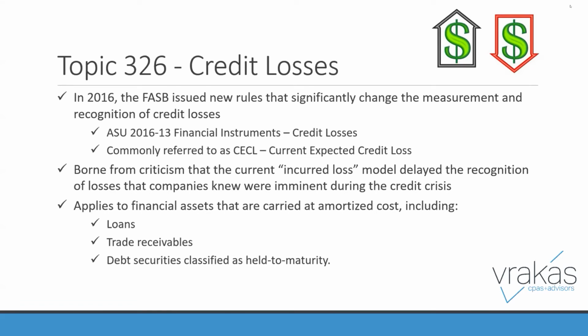It's gone back and forth many times, many different comment periods, and it has finally been issued. Again, it applies to financial assets that are carried at amortized cost. So yes, it does apply to loans and loan portfolios, and that's a big change for the banking industry, but it also does apply to trade receivables and investments that are classified as held to maturity.